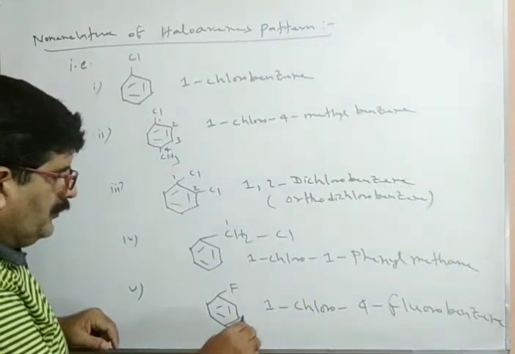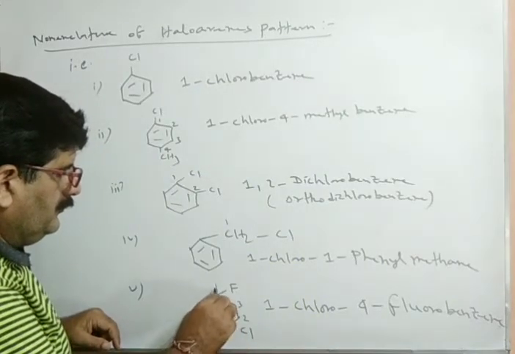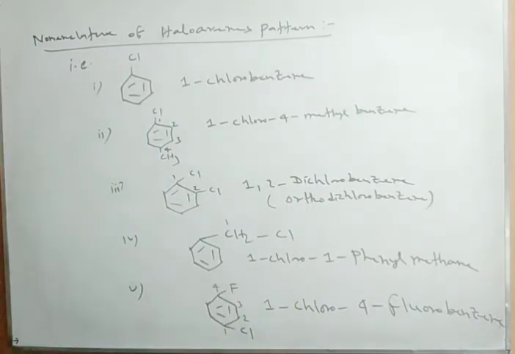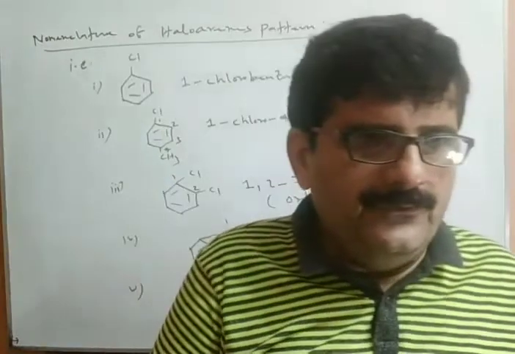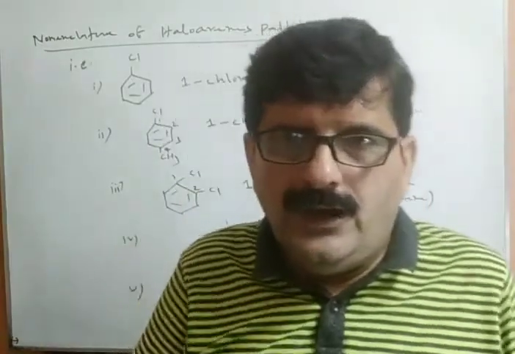Because chlorine always goes to the minimum position. So such are the examples for the haloarene pattern.